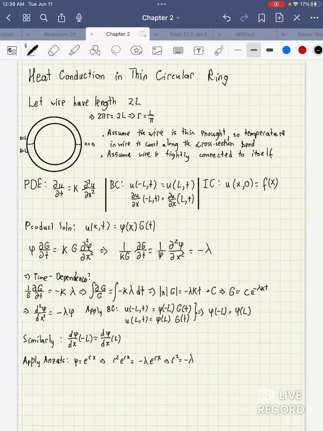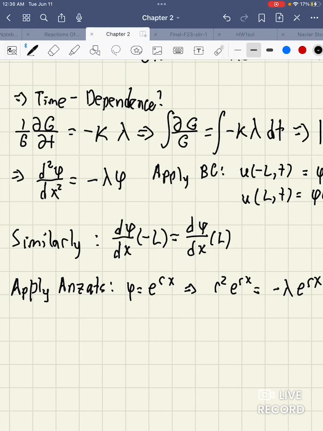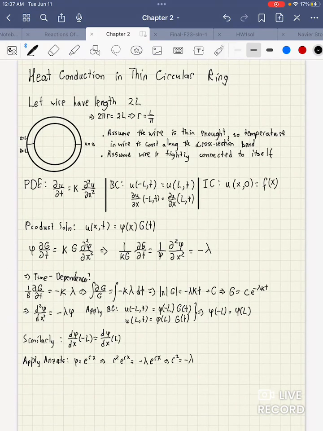Now let's look at each case separately to see which eigenvalues satisfy our partial differential equation. Before we move on, you can also think about why we can have multiple boundary conditions in this case.